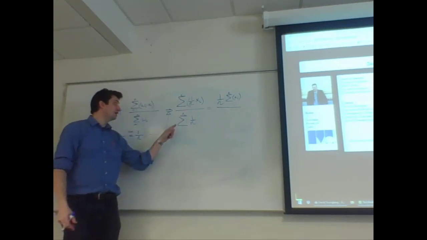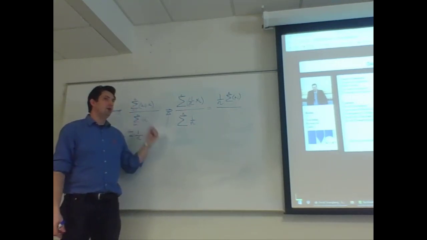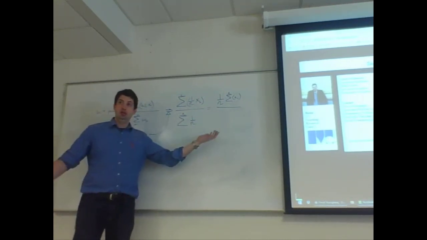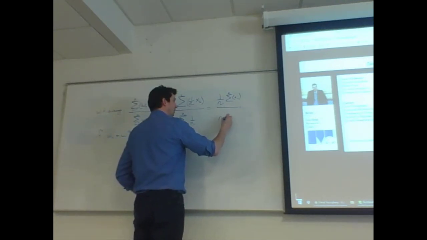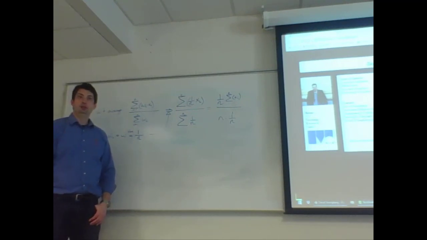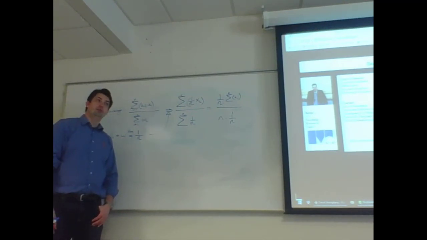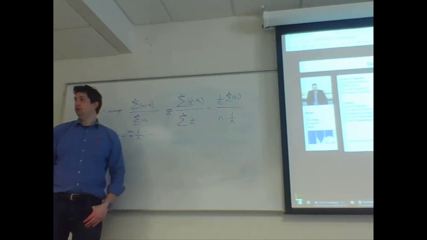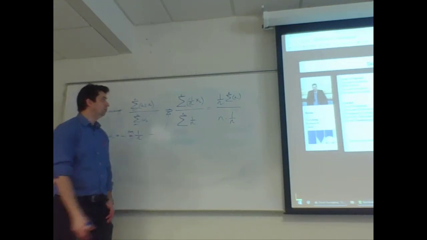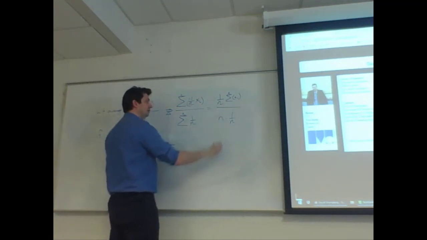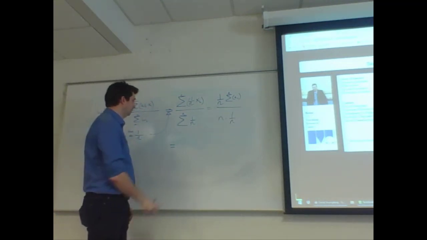So if you're taking 1 over n, and you're adding 1 over n plus 1 over n plus 1 over n, and you do that n times, that's the same thing as n times 1 over n. You take 5 plus 5 plus 5 plus 5 plus 5, that's 5 times 5, right? Well, what does this simplify to? 1.